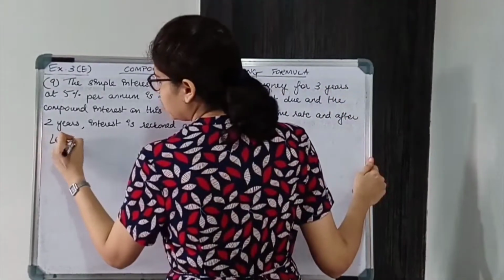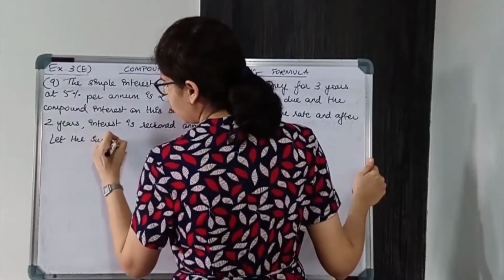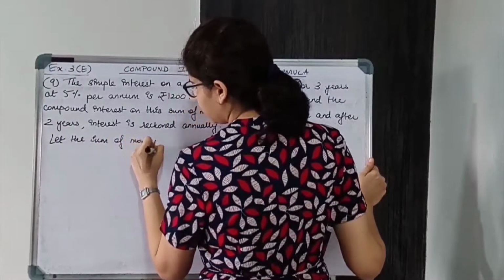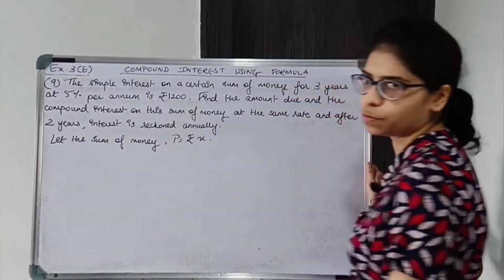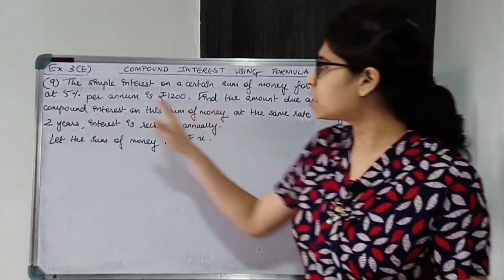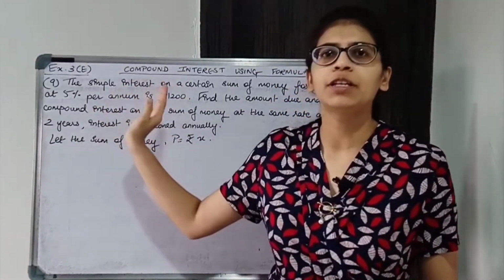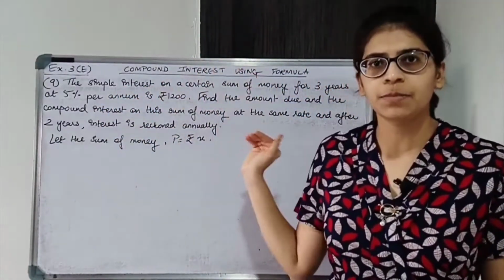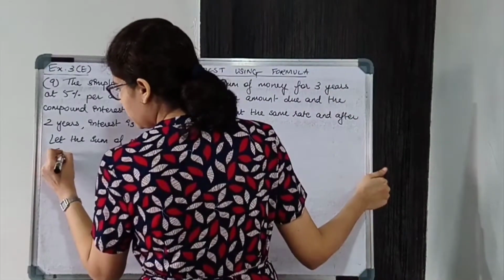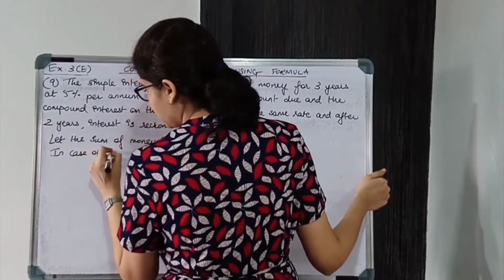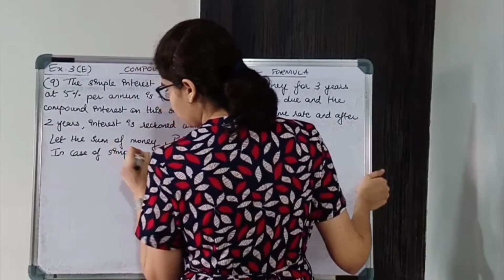Now let the sum of money, that is principal, be equal to X rupees. Okay, first we'll consider the simple interest case. From simple interest we'll find the principal first. Okay, so in case of simple interest, what all information do we have?